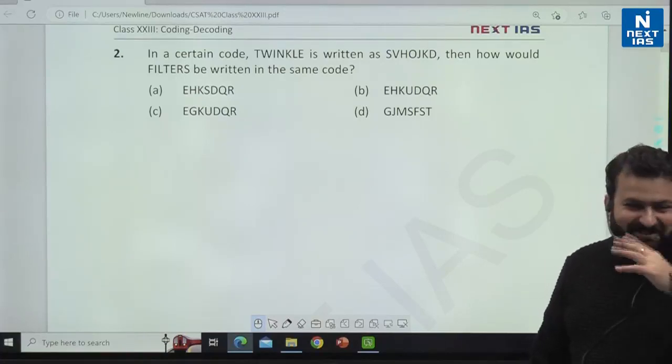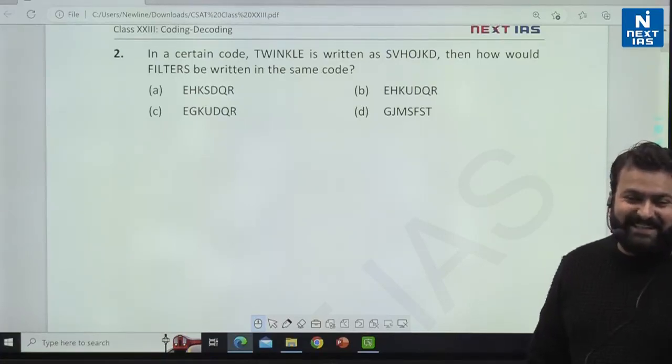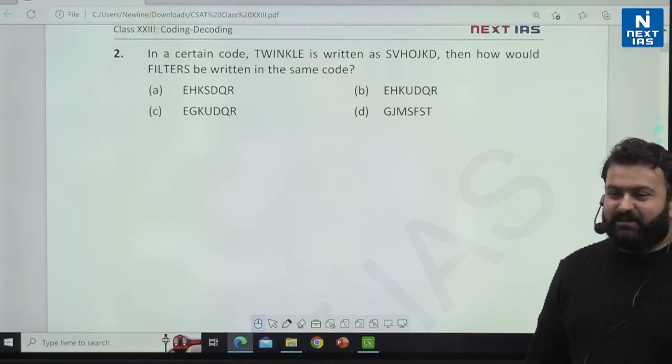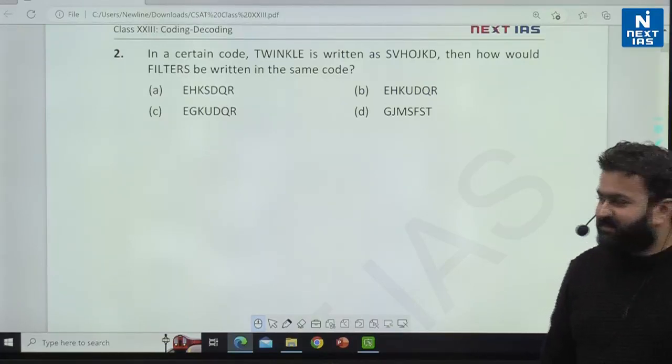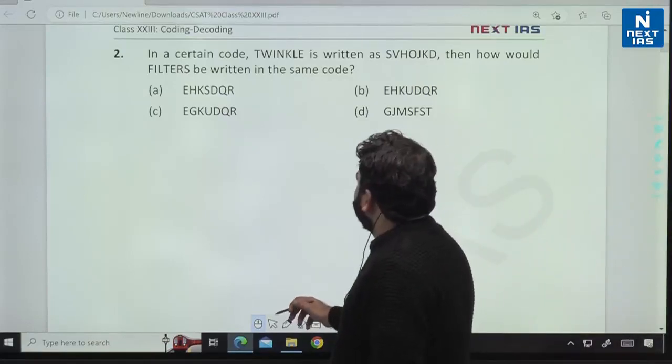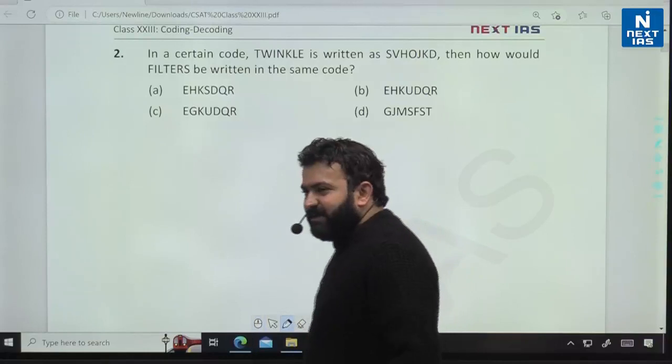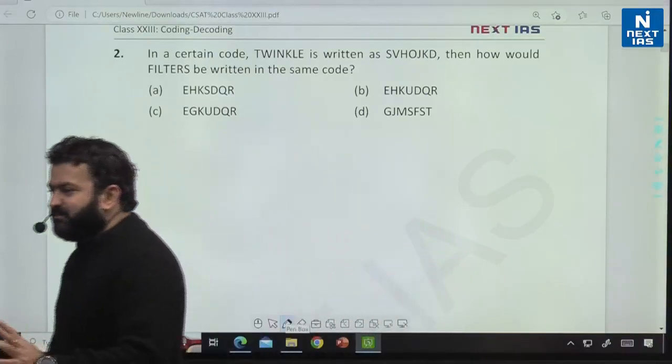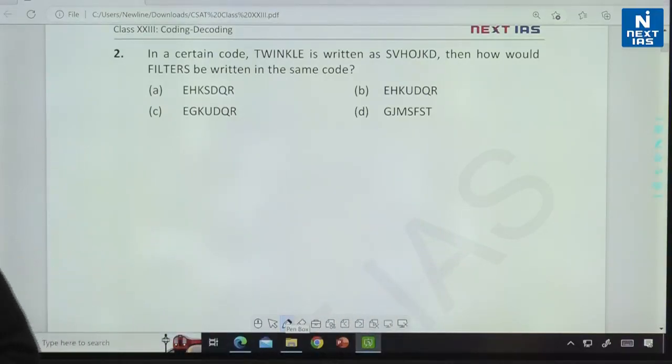Just hold on. How many of you are getting A? How many of you are getting B? No. In this question I knew most of you would make an error. Your overconfidence is still not going away.